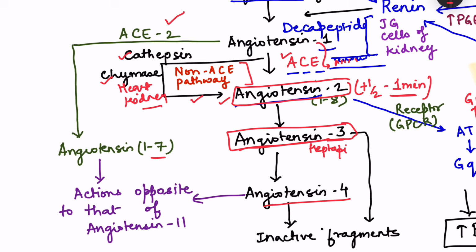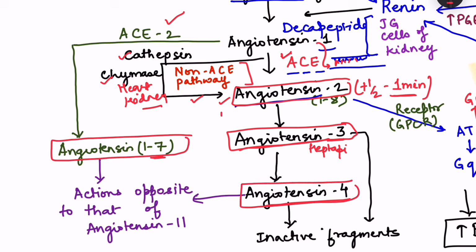Okay, angiotensin 1 is acted upon by ACE2 and this angiotensin 1-7 is formed. Again, we will see the importance of this when we see the drugs which are blocking the angiotensin converting enzyme. For now you just remember that this angiotensin 1-7 is formed, and the actions of this angiotensin 1-7 plus the angiotensin 4 which is formed by the main pathway are opposite to that of angiotensin 2.